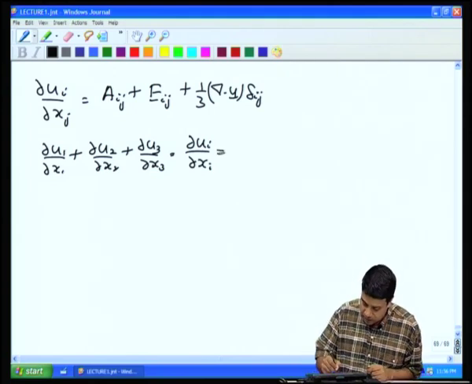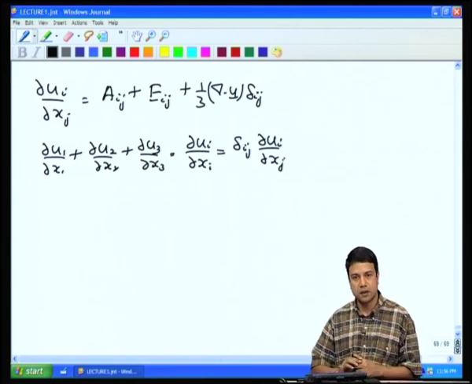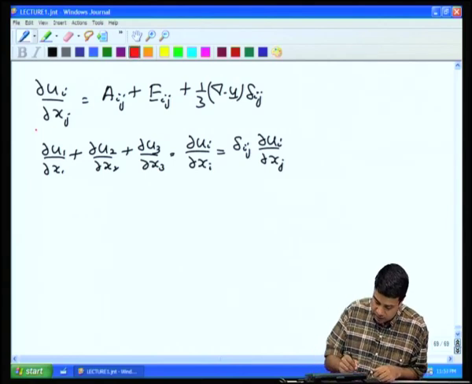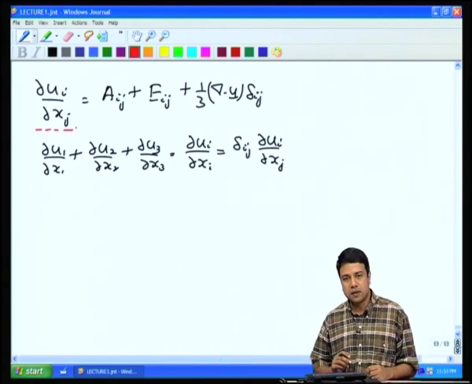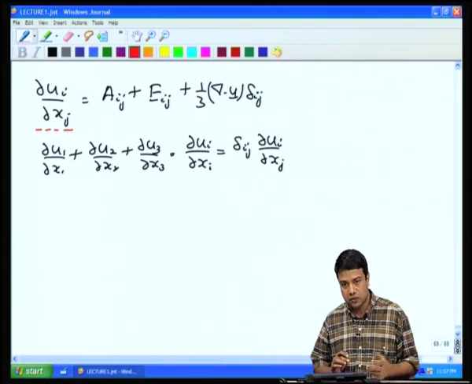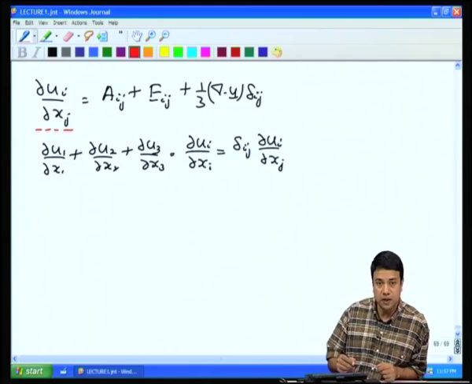This also I can write as delta ij times partial ui by partial xj. So, to get the trace of this tensor, you dot it with delta ij. Two repeated indices, you end up with a scalar. So, let us see what you get here.